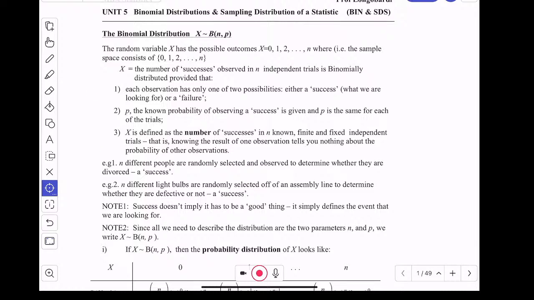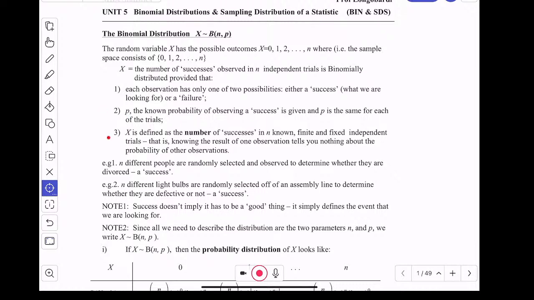First, each time you observe a trial, the chance of finding what you look for, the success, there are only two possibilities, the chance of a success or that of a failure. Second, the probability that a success occurs on each trial is known, and we use the symbol P for it, but we should know it.